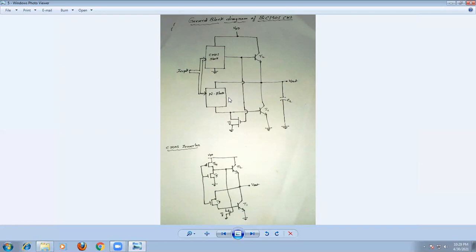That means we have PMOS circuits as well as NMOS circuits. We use NMOS in the pull-down transistors, and the pull-up transistors are PMOS. So whatever logic is there in the N block of the CMOS technology, the same logic you can use in this N block.